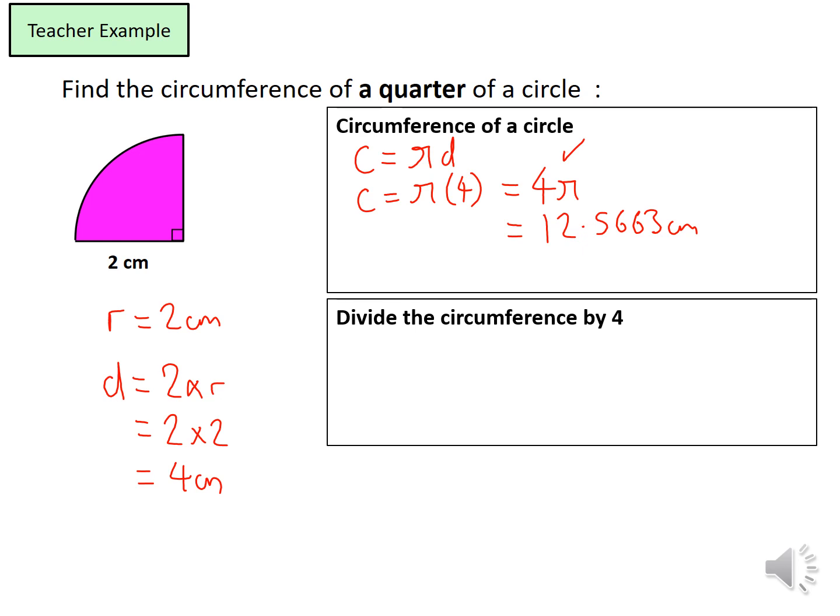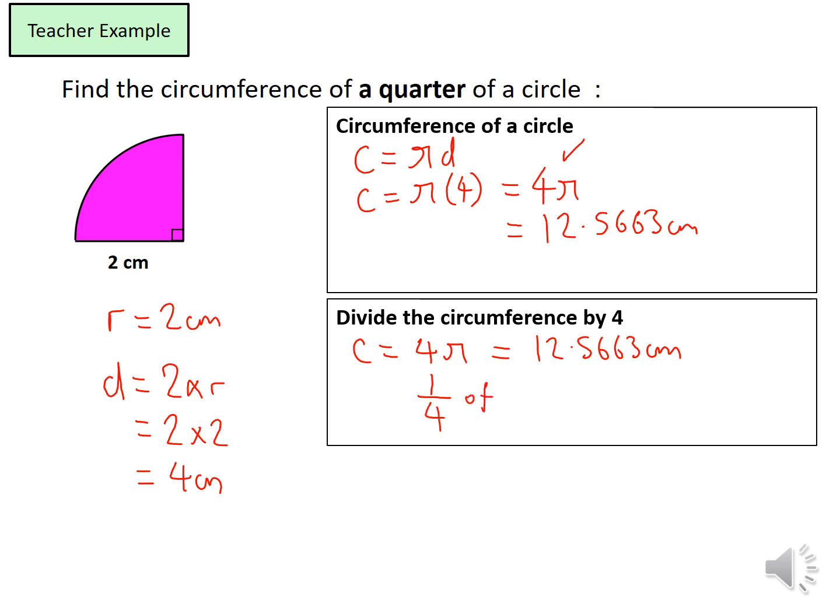Because that's how you get a quarter of a circle. So remember, the circumference is equal to 4 pi, or 12.5663 centimeters. That is for a full circle, circumference for a full circle. So if you wanted to find the circumference of a quarter of a circle, we must find a quarter of the circumference.